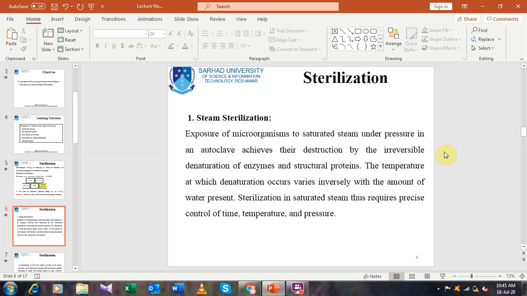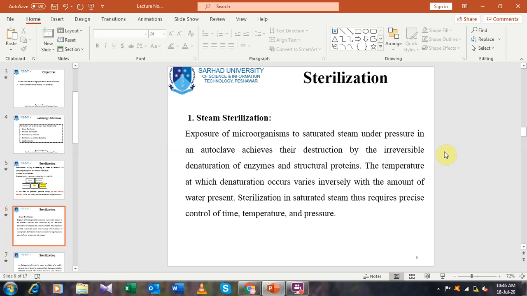the pressure and temperature are maintained within a certain limit, and within that specified limit the microorganisms are exposed to that particular condition of saturated steam under pressure. In this way their destruction occurs by irreversible denaturation, which is not reversible.